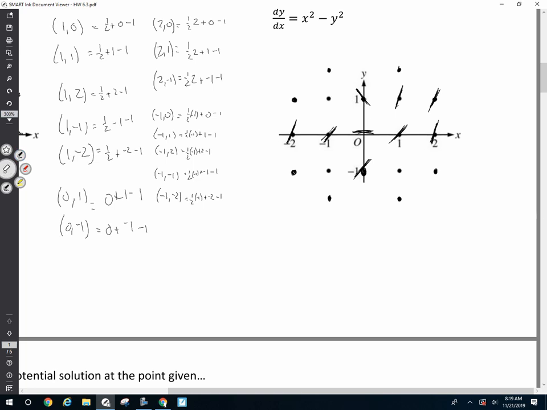2 is probably too steep. 3 is probably not steep enough. Negative 1, 1, that's 1 minus 1 is 0. 1, negative 1 is going to be 0. 1, 2, 1 minus 4, negative 3.